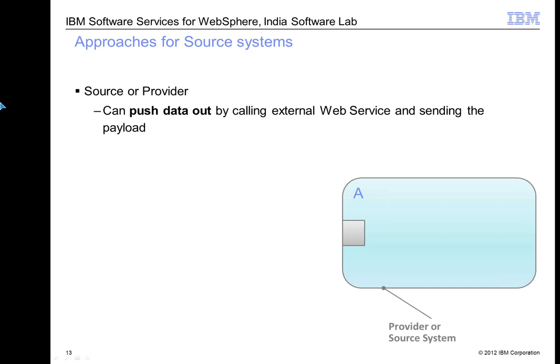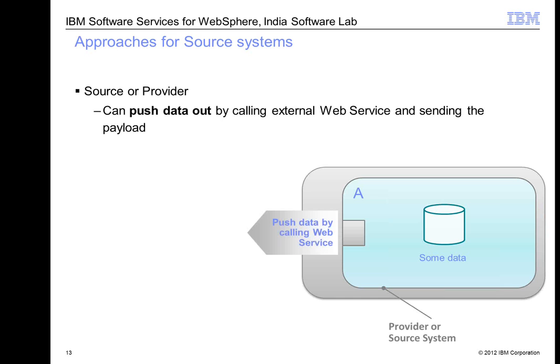So we have a provider, application A. Again, it has some data that other people are interested in, and it is going to push this data out by calling a web service available outside. That web service could be provided by either the consumer of the information, which is the target, or the enterprise service bus.